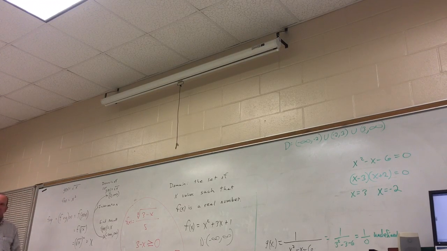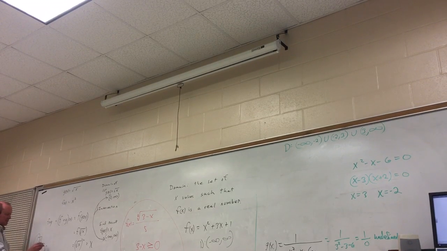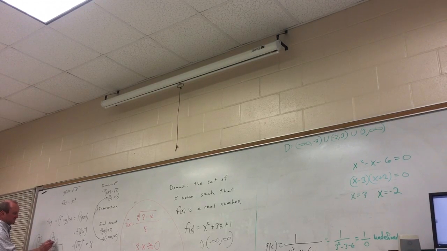So those are a little weird, because remember with the composite, you're tossing it into this one, which is the square root, and then that gets tossed into the other one. It can't go lower than 0, so I can't put negative numbers in here, but I can put anything in there. So anything that comes out of here is going to be okay.